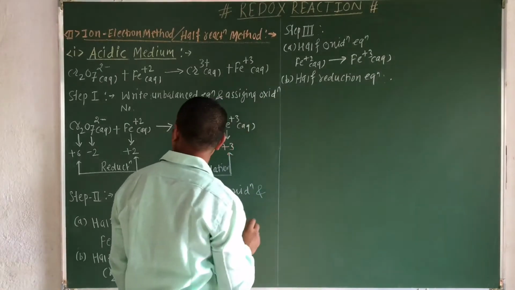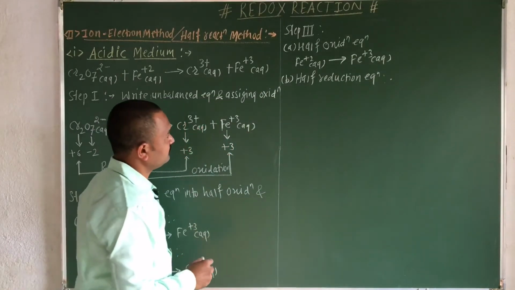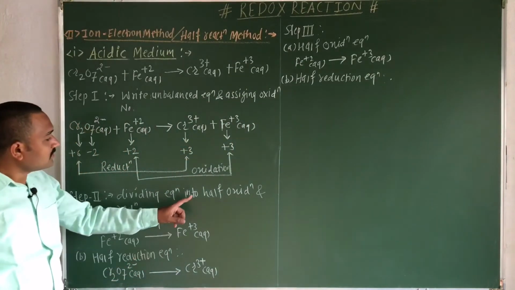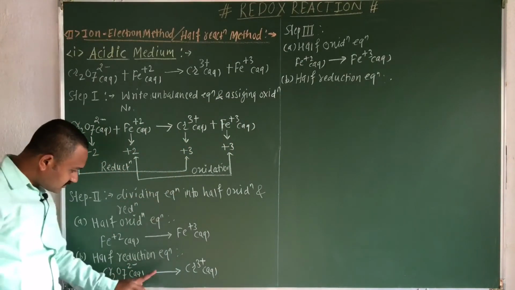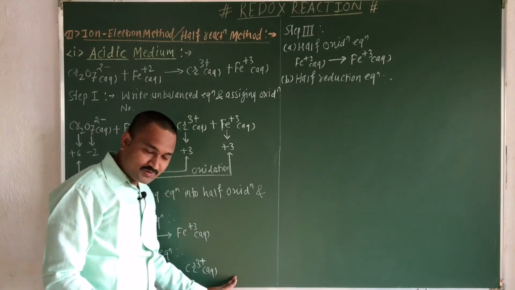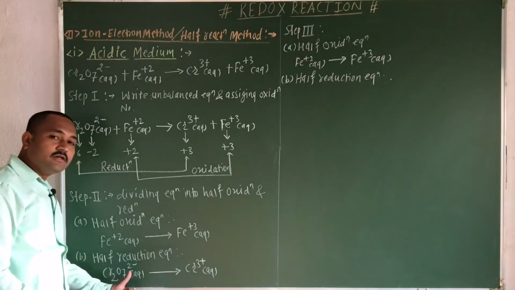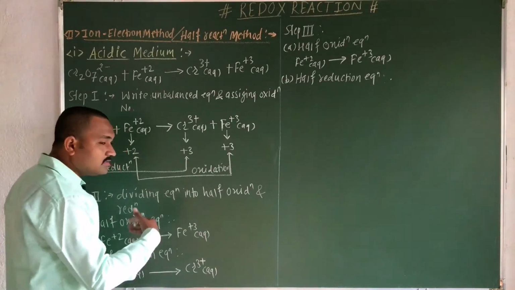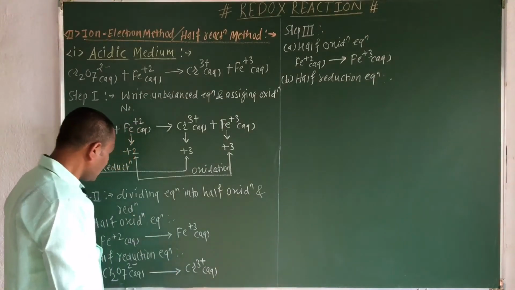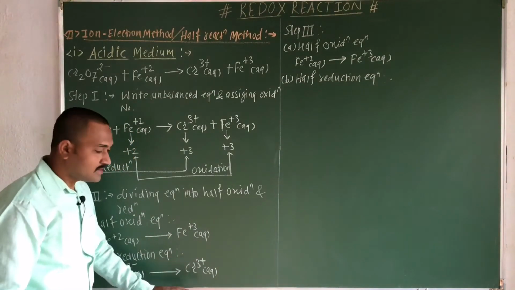Here we are going to make the changes. Along with the chromium we are going to add the water molecules also, as in this step they have asked us to balance the oxygen atoms, where the oxygen atoms are fewer.